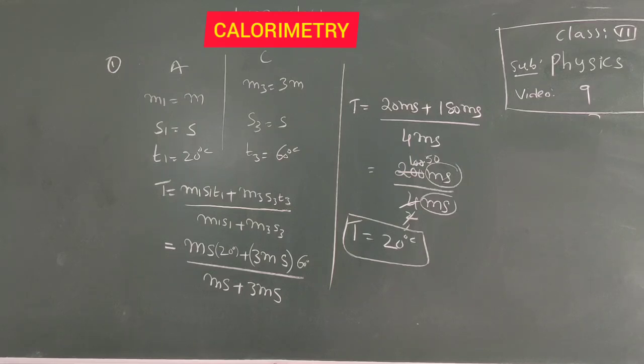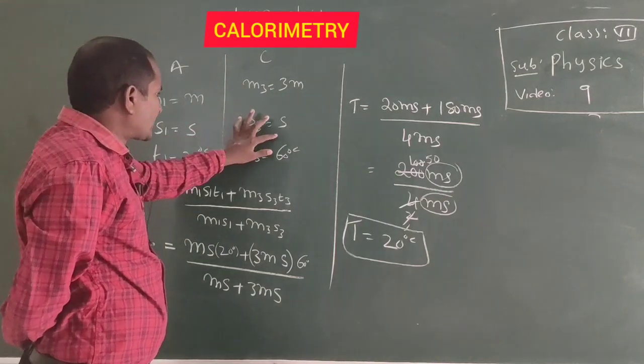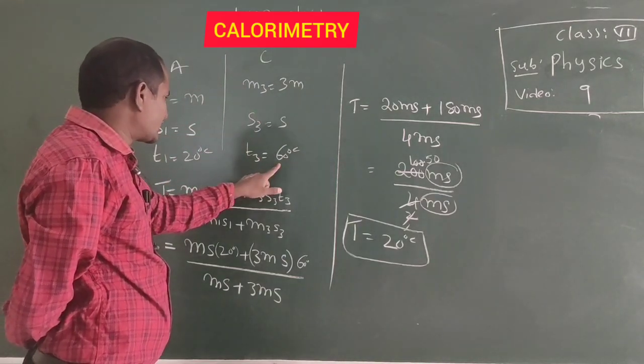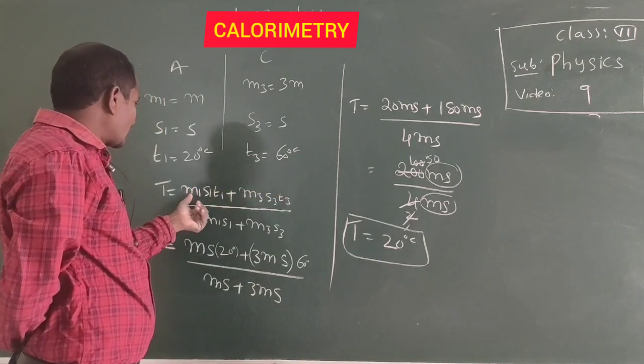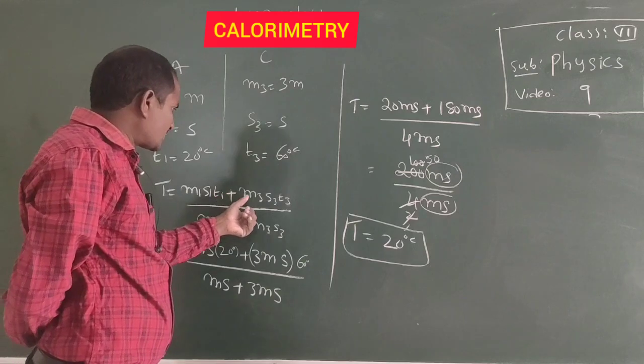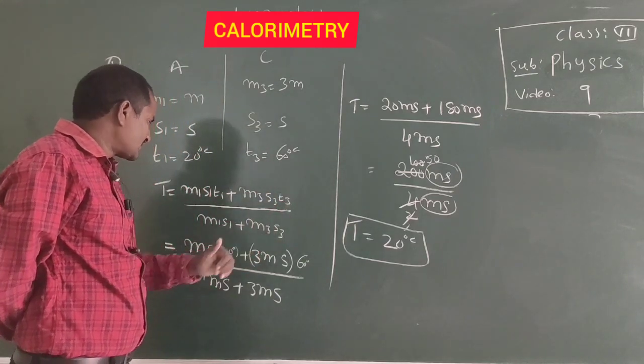Listen here. M1 equal to M, S1 equal to S, T1 equal to 20 degrees Celsius, M3 equal to 3M, S3 equal to S, and T3 equal to 60 degrees Celsius. These two are mixed together. Then T equal to M1 S1 T1 plus M3 S3 T3 by M1 S1 plus M3 S3.